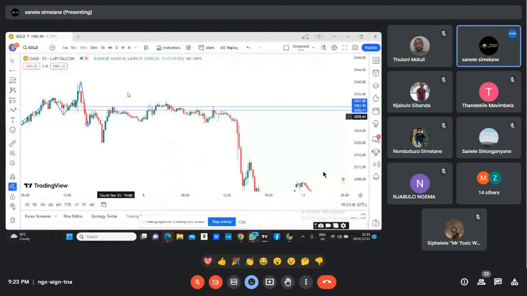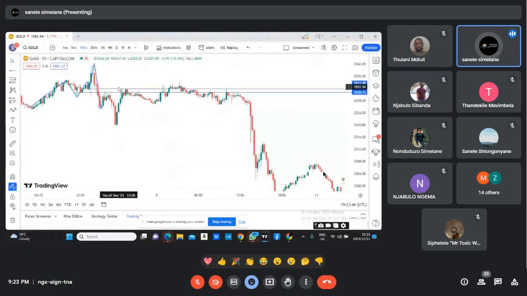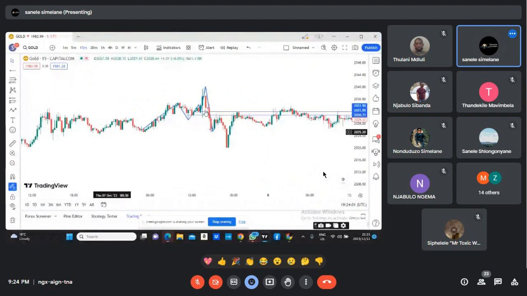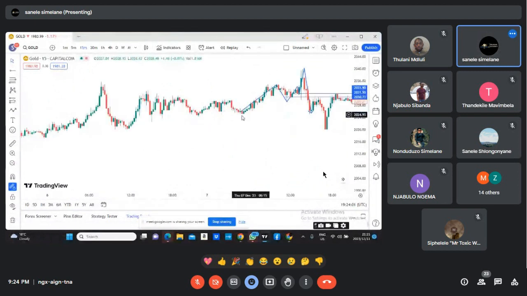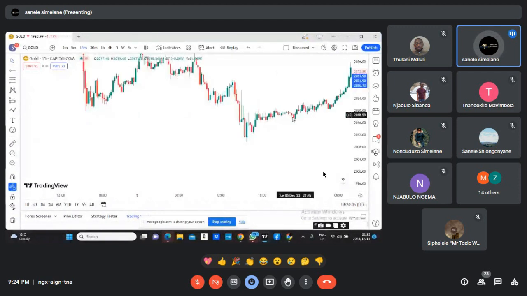So this is the concept. The entry, find the entry just right here. I will show you. And the stop loss just above, because the thing that we are learning is that you only look for inner two zones, so that it makes it easier.